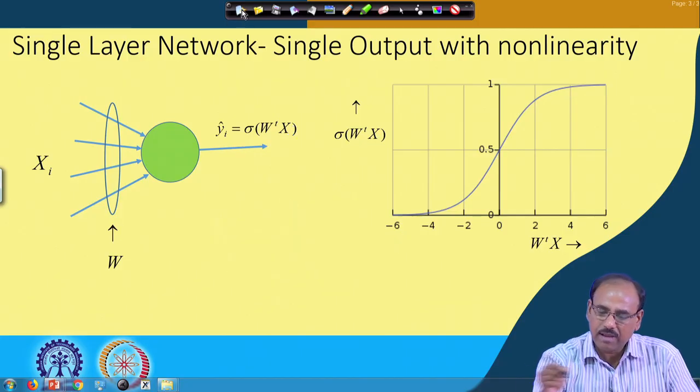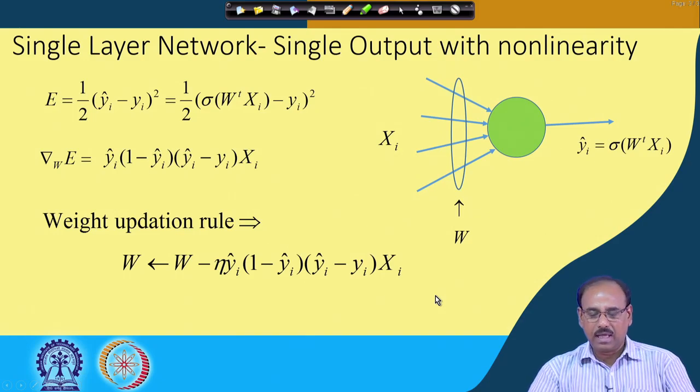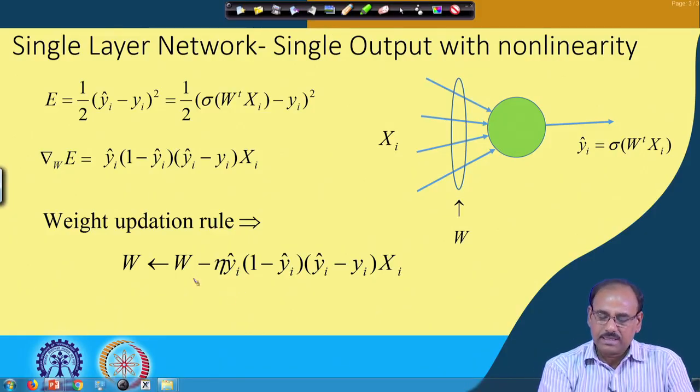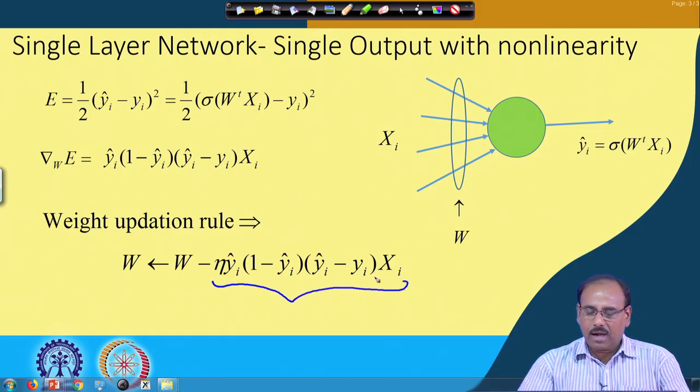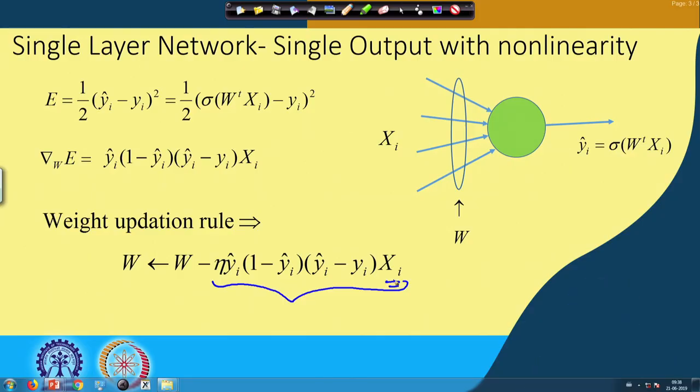0 means it belongs to one class and 1 means it belongs to another class. Given this, the weight updation algorithm was obtained as w gets w minus eta times y_i hat into 1 minus y_i hat into y_i hat minus y_i times x_i, where x_i is the input vector, y_i hat is the computed output and y_i is the desired output, the class index of the class to which x_i belongs.